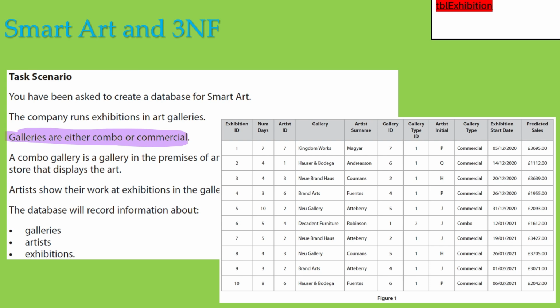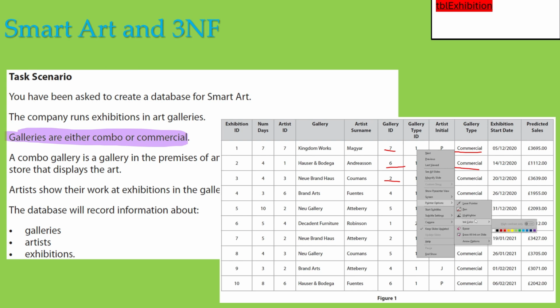Or you might think, oh, I'll put that in table gallery, but that wouldn't work because of third normal form. If you look at the gallery type, it doesn't match up with gallery ID. So for example, we have gallery 6, I can put my pen on, gallery 6, 7 commercial, 6, and so on. The gallery ID is changing, but gallery type isn't. Gallery type actually fits exactly instead with gallery type ID.